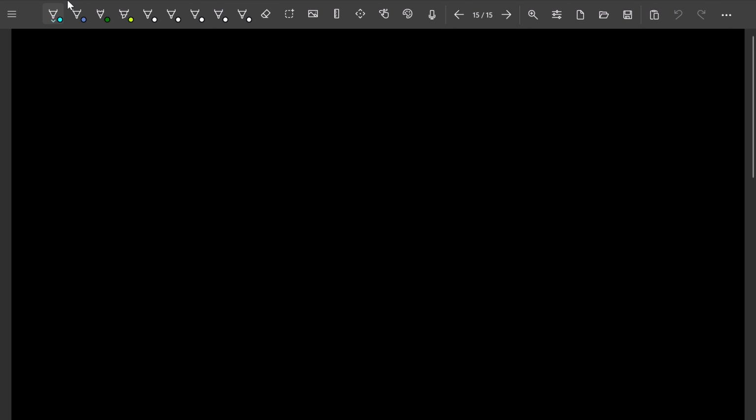Now similarly, the induced voltage in conductor B will be, what?